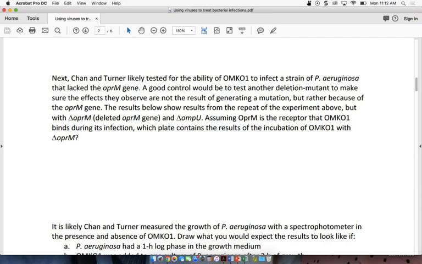OMPU. Thank you, OMPU. So would it be able to infect wild-type, an OMPU deleted gene, or one lacking OPRM? That's what I'm getting at. So, predict the results. Okay? I'll give you a minute to think about this one.